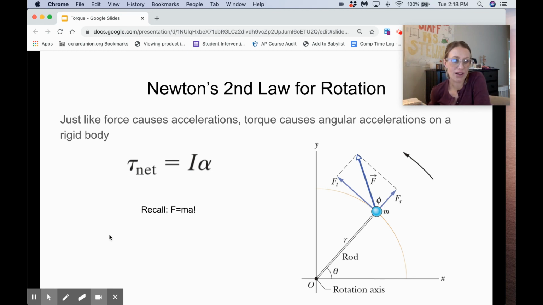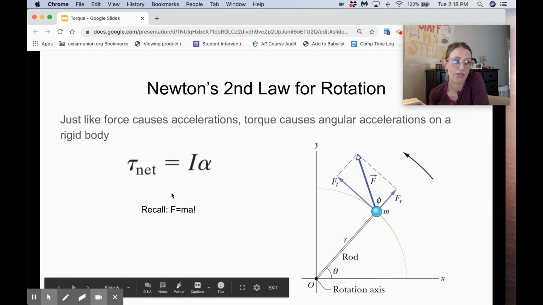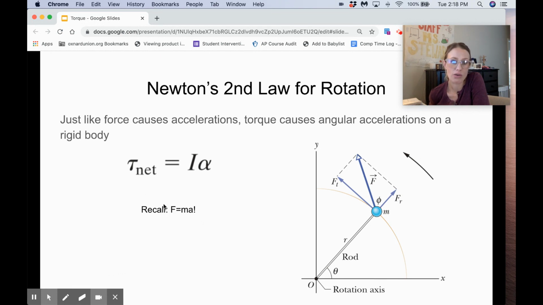Remember, we know from Newton's second law that force is equal to mass times acceleration. Again, torque is like your force analog, rotational inertia is the mass analog, and of course angular acceleration is the analog for linear acceleration. So this equation can just be translated from Newton's second law if you can't remember it. This is Newton's second law in terms of rotation.